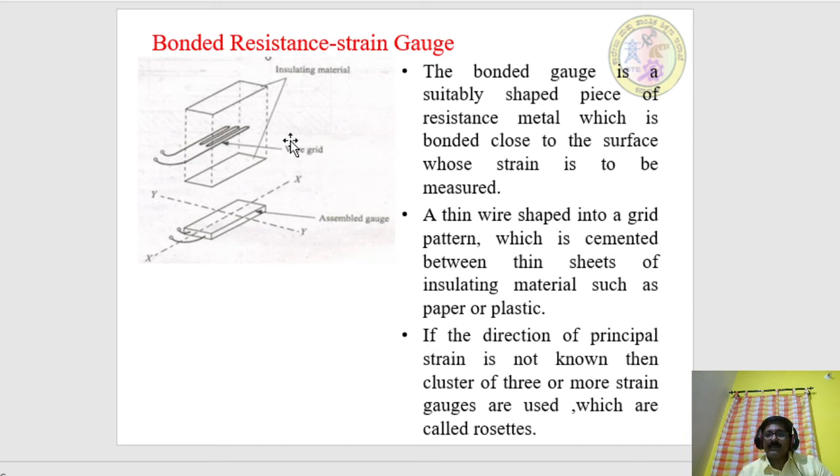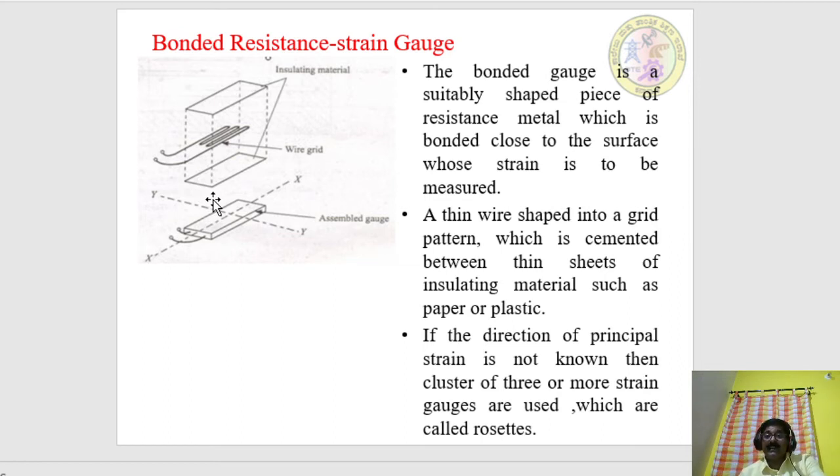Now it has been enclosed in a box container, and the bonded gauge is a suitably shaped piece of resistance metal which is bonded close to the surface whose strain we need to measure. Generally a thin wire shaped to a grid pattern is cemented between two sheets of insulating material such as paper or plastic, and here the direction of principal strains is not known.